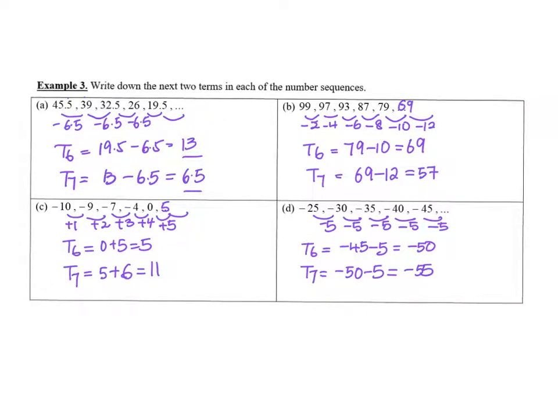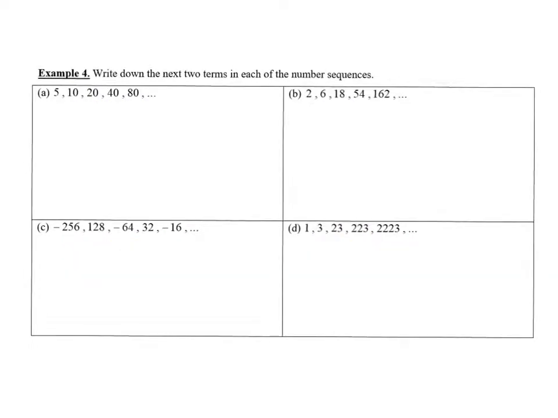Have you gotten the answers? Example number 4. Now let's try the next few series. We have the numbers 5, 10. So how do we get 10 from 5? We can either do a plus 5 or a times 2.